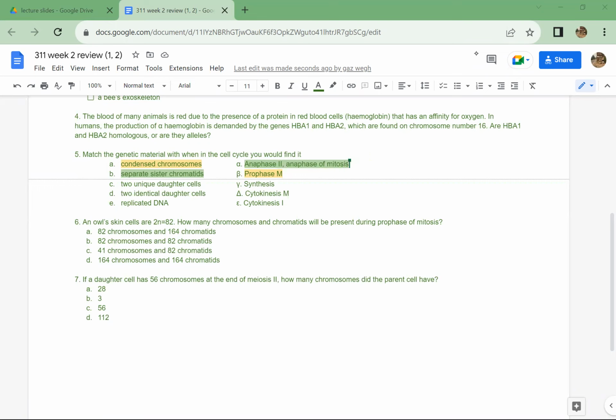When do we get 2 unique daughter cells? We get 2 identical daughter cells from mitosis, in cytokinesis. Take a lizard, for example. I unfortunately did this to a gecko this summer. If you pull on a gecko's tail even a little bit, if they think you're a predator, some species of gecko will cinch their muscles around a specific point on their tail, and this will cause their tail to snap off.